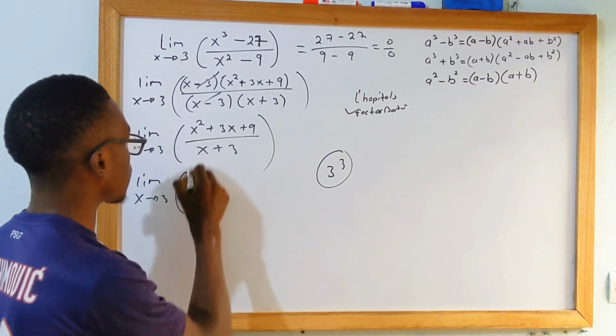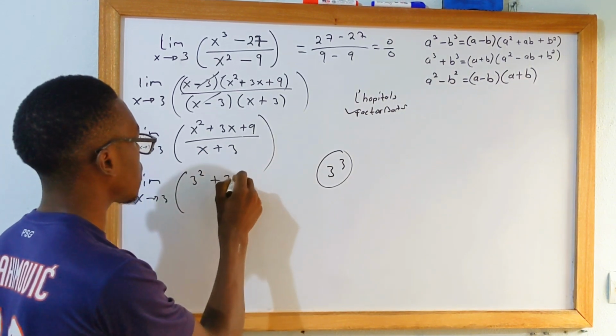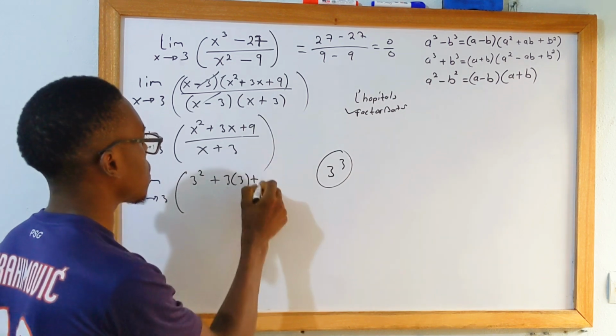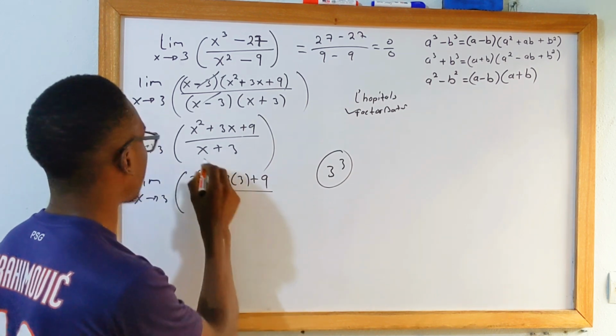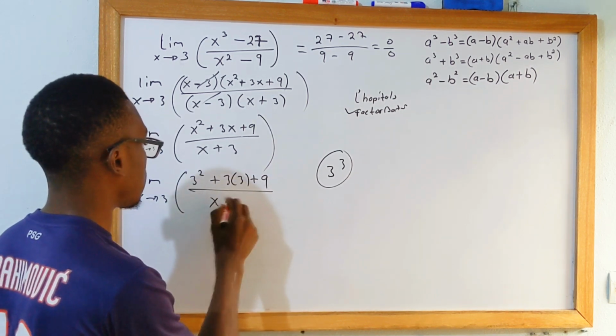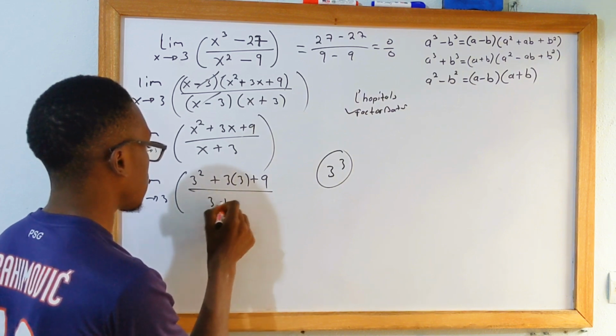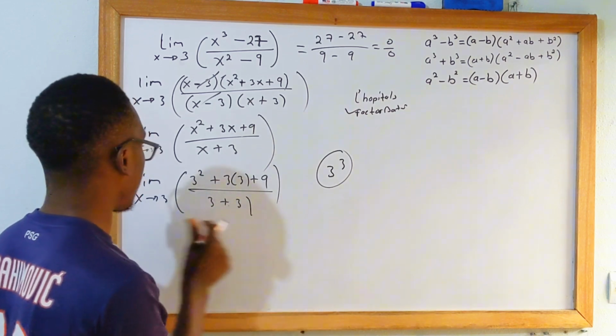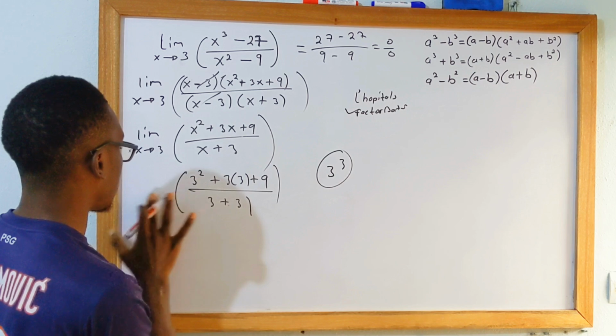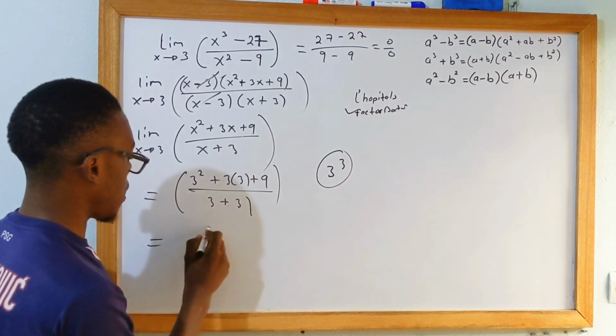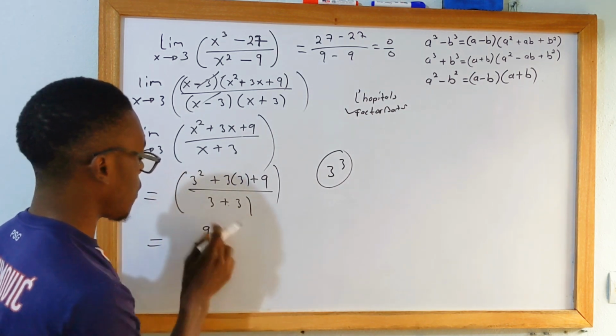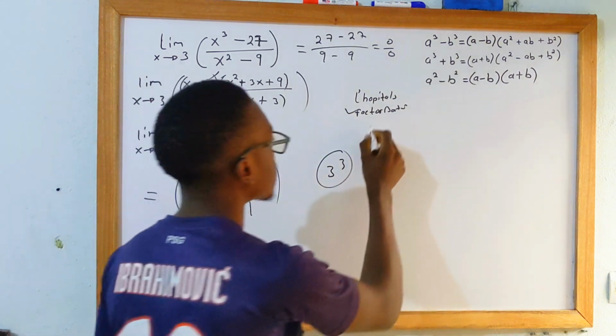Substitute the 3: 3 squared plus 3 times 3 plus 9, all over 3 plus 3. Okay, you can just have this as the answer at this point. And we are going to be having 9 over 2. After simplifying this, we can use L'Hopital's rule.